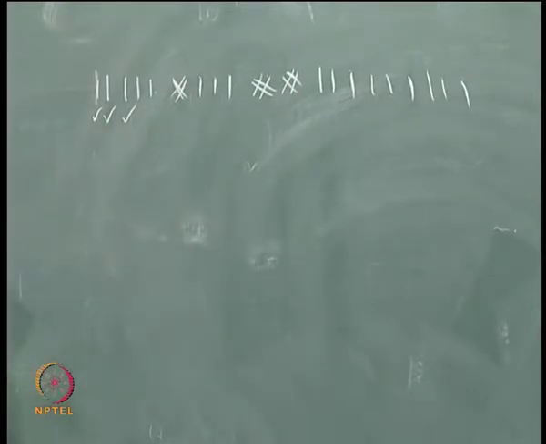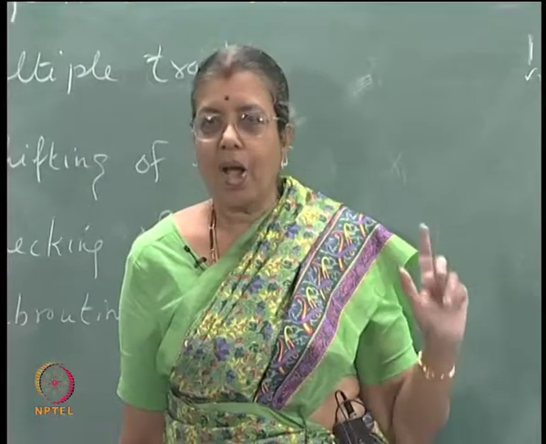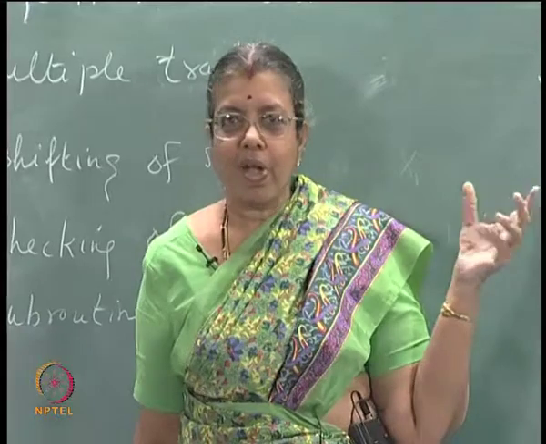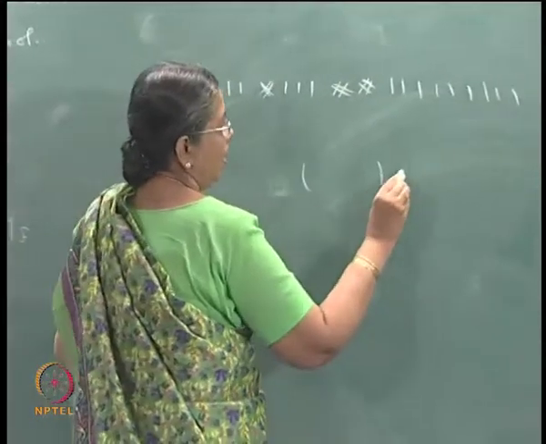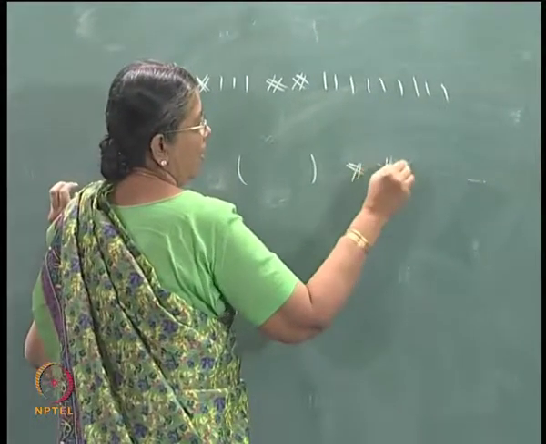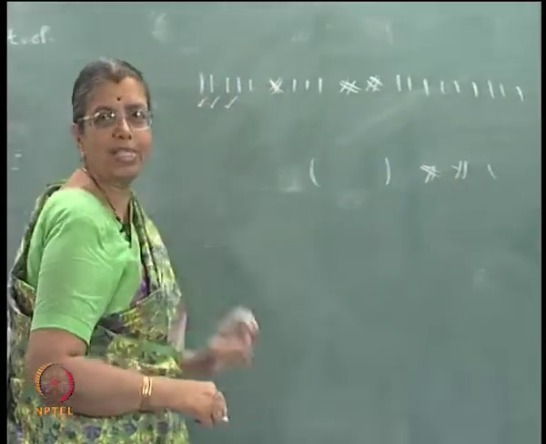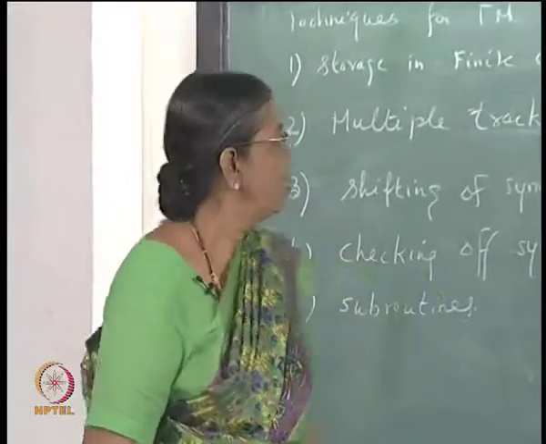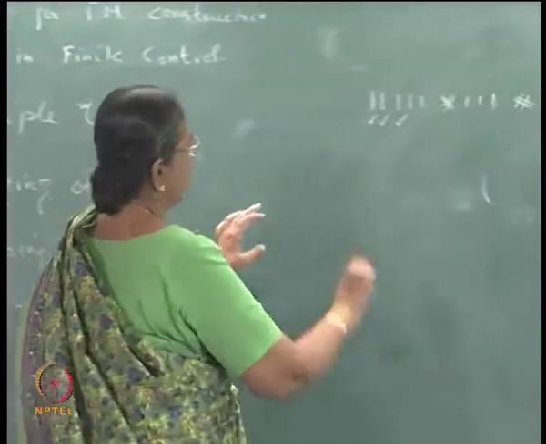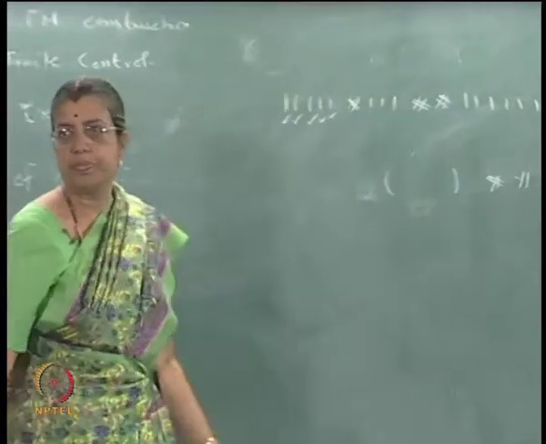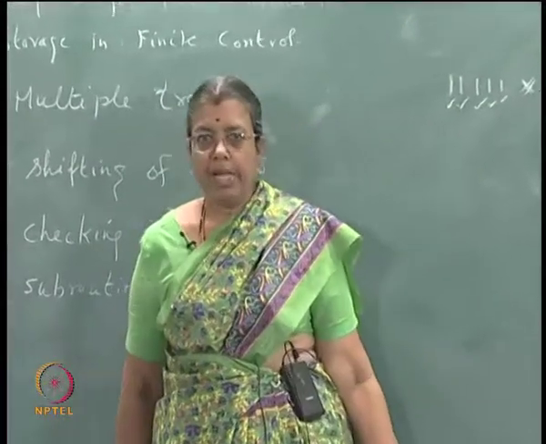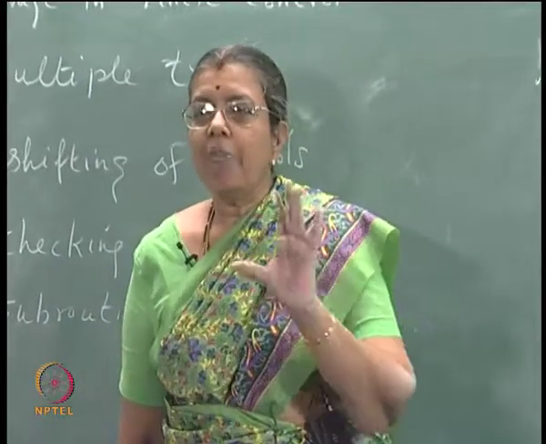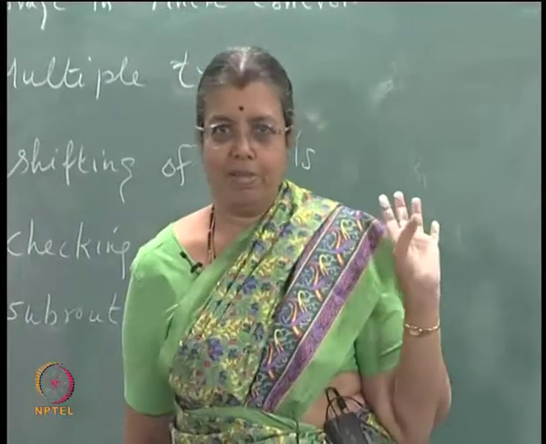Okay. So, what are the things which you are doing? You are copying one portion here, and this you are doing several times, each time when you check off a symbol here. So, for copying alone you can write a Turing machine.